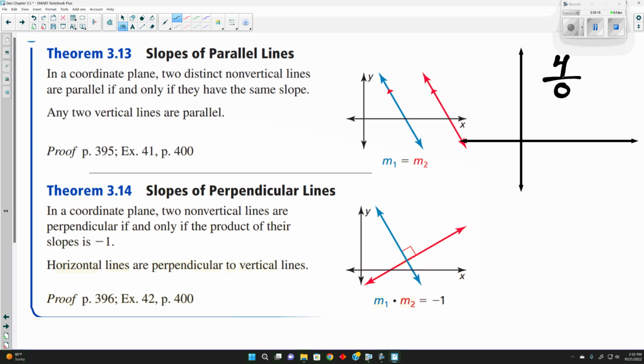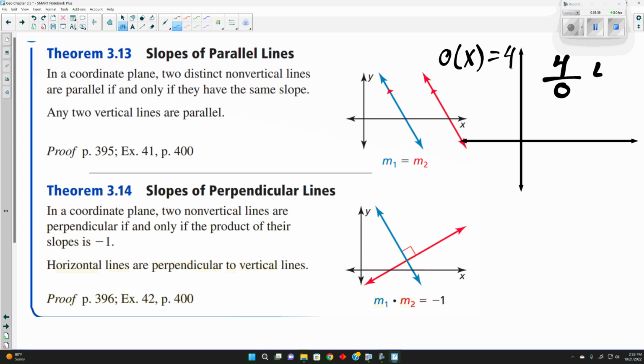What's 4 divided by 0? Another way to say this is, we're saying what times 0 is 4? What times 0 is 4?